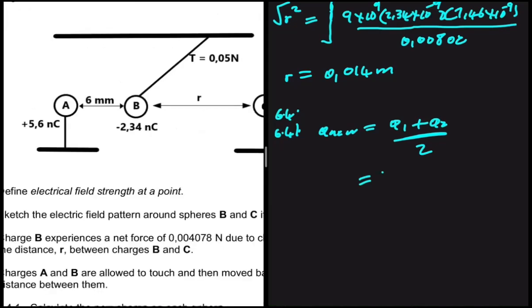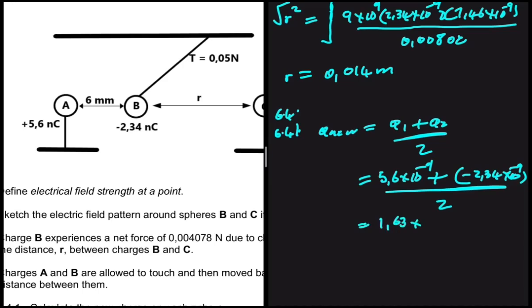For A, we can say that 5.6 times 10 to the minus 9 plus Q2, which is B, minus 2.34 times 10 to the minus 9, right, divided by 2. The answer here should be equal to 1.63 times 10 to the minus 9 coulombs.